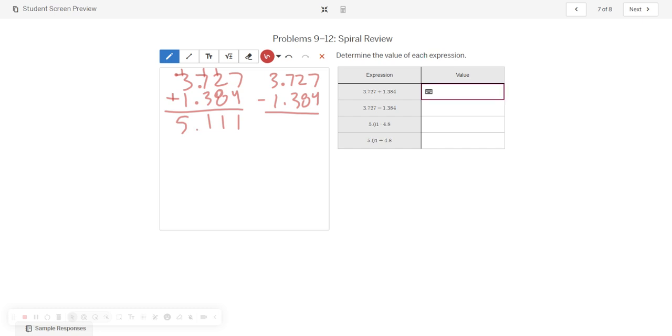So 5.111. Hopefully you're doing this by hand. You're not cheating with a calculator at this point in the year. 6, 12, 4, 3, 2. 2.343.